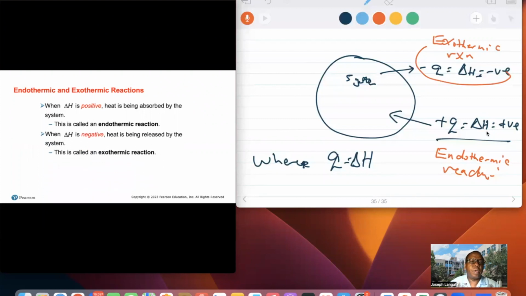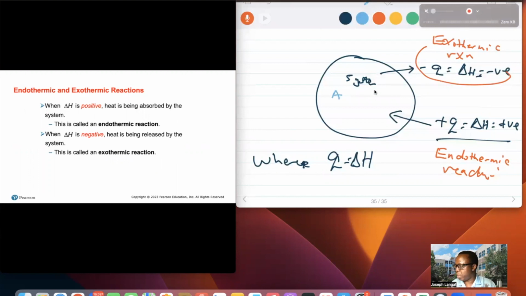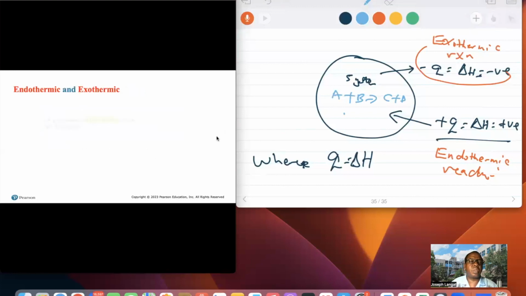So for exothermic, it is negative, and this is positive. You know, when it's in this form, you may not really tag when you have the system where the reaction takes place. This is the system, and whatever is outside is the surrounding.